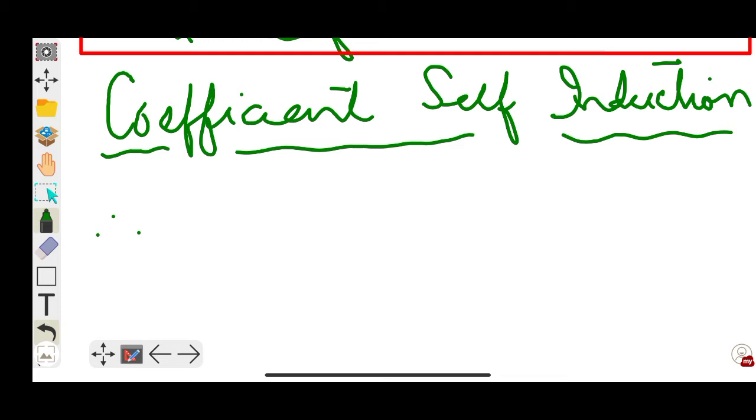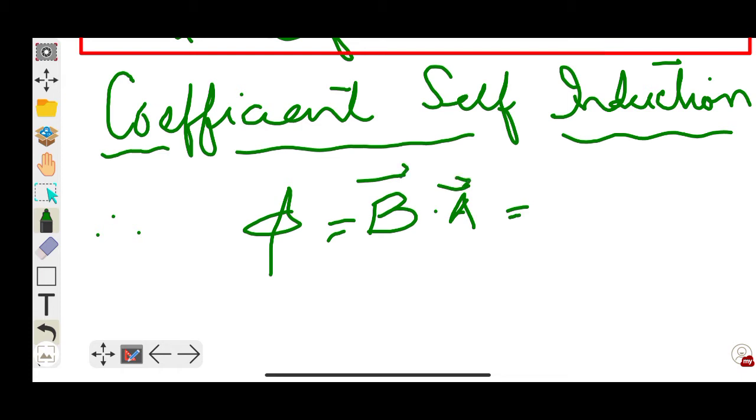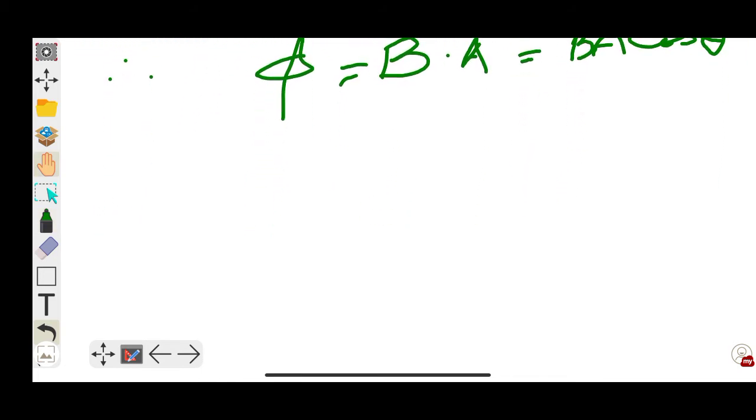We know that magnetic flux phi is equal to B dot A. These are two vectors and this is scalar, so this is a dot product. You can also write it as B A cos theta, where theta is the angle between the magnetic field and the area vector.